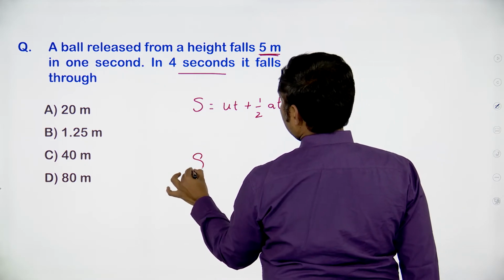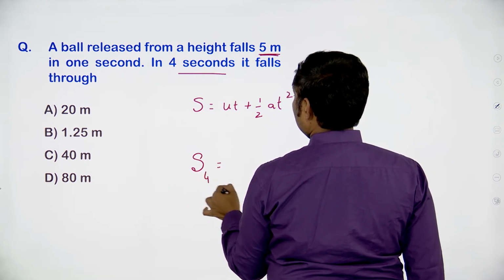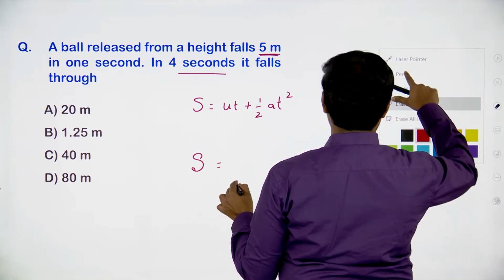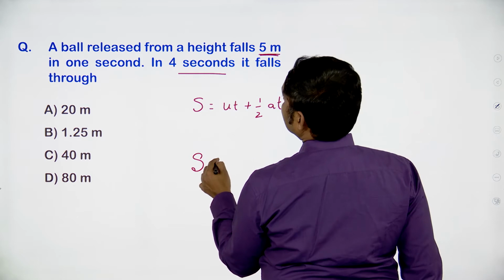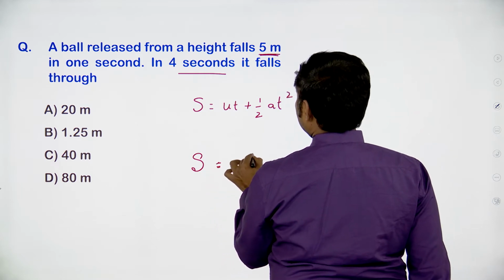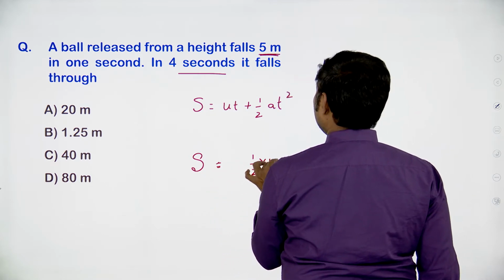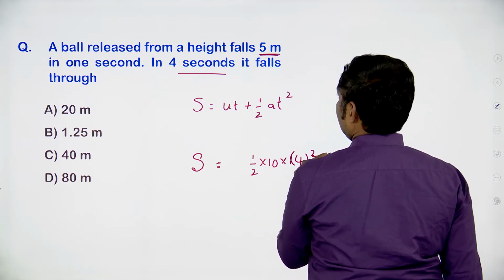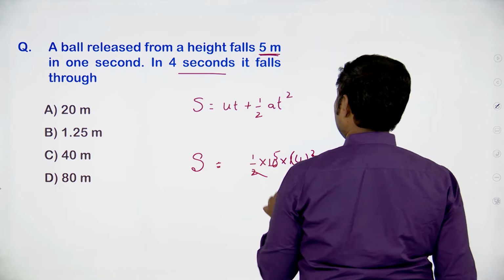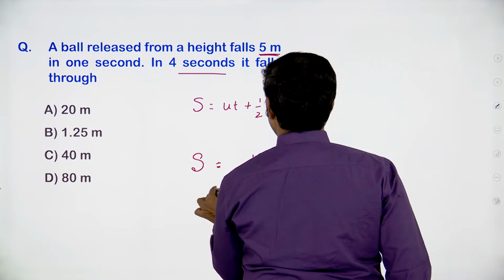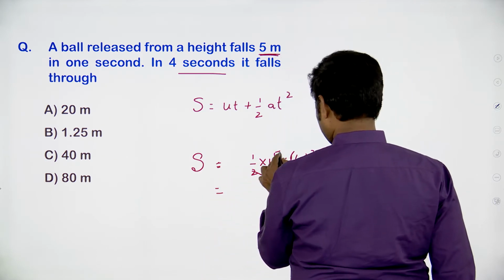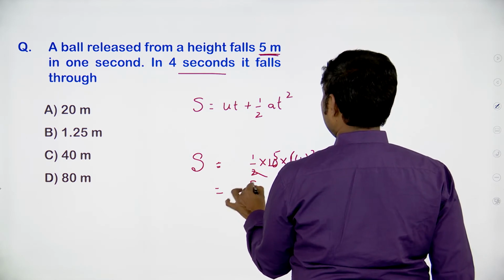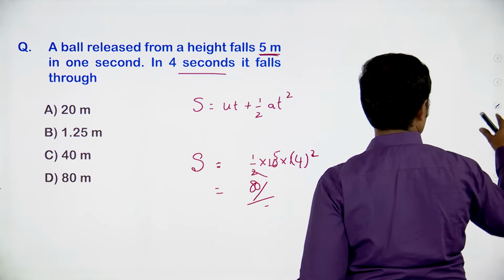S is equal to, for t equal to 4, 1 by 2 into 10 into 4 square. This is very clear. We get 80.